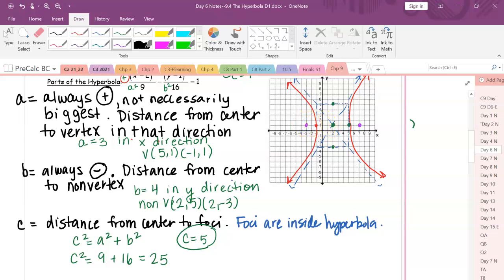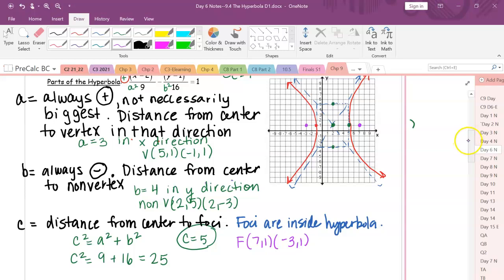Okay, a couple mistakes people make. You're not counting from the vertex, you're counting from the center. So it's the same thing as with ellipses. And just like with ellipses, where the foci are always on the major axis, the foci for a hyperbola will always be inside the hyperbola. So our foci are at (7, 1) and (-3, 1).